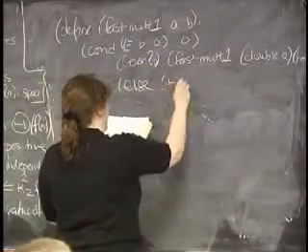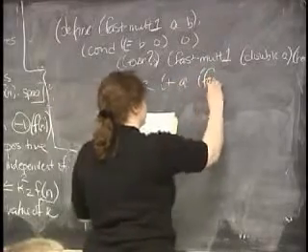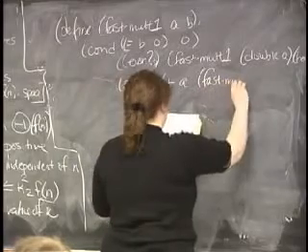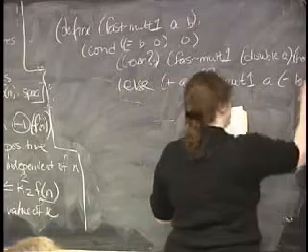Otherwise, we add A to the fast mult of A and B minus 1.